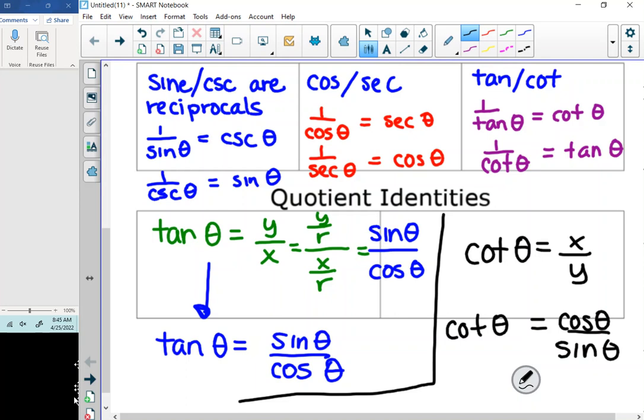The reason I've held off on the other 2 Pythagorean ones is because we're going to actually use information from the other identities to get the other 2 versions of the Pythagorean one. But that's a really good organizational list. Q for the quotient ones. You don't have to know what they're called, honestly. You just have to know their relationships. So you've got your quotient ones, your reciprocal ones, and then we're going to get 2 more on our Pythagorean list.